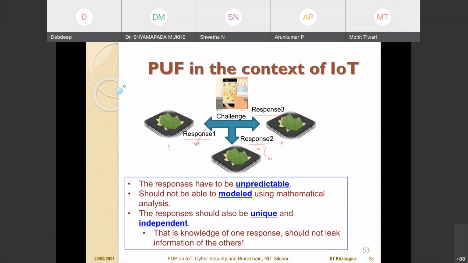Also, each device has to be unique, which means the knowledge of one response should be distinct from the response of another. Additionally, these devices always expose the inputs and outputs, which we call challenges and responses.